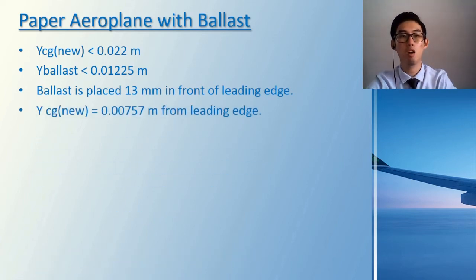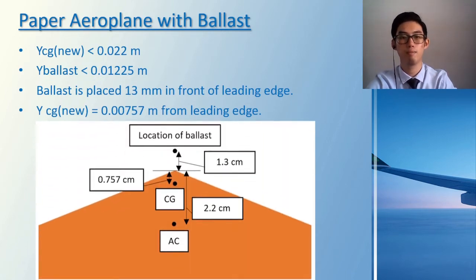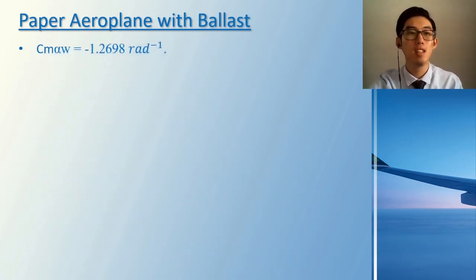The CG point of paper aeroplane with ballast is 0.00757 meter from leading edge. The Cm alpha W is negative 1.2698 per radian. I can conclude that paper aeroplane with ballast is statically stable. This is because Cm alpha W is less than 0.